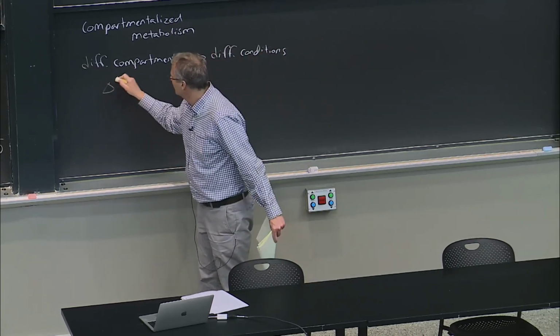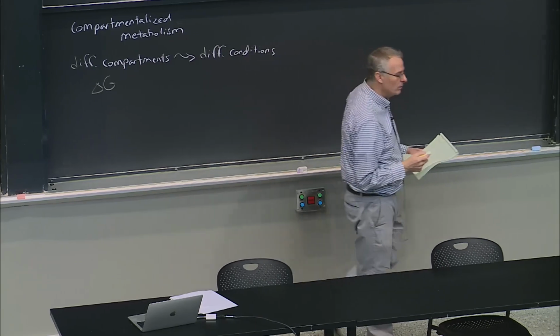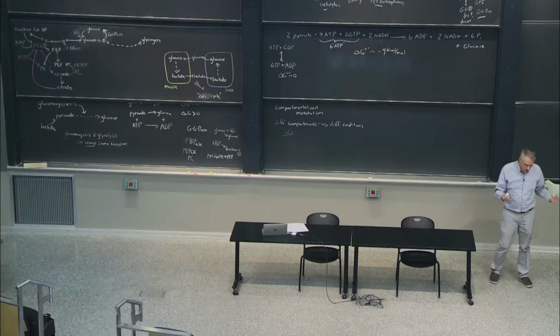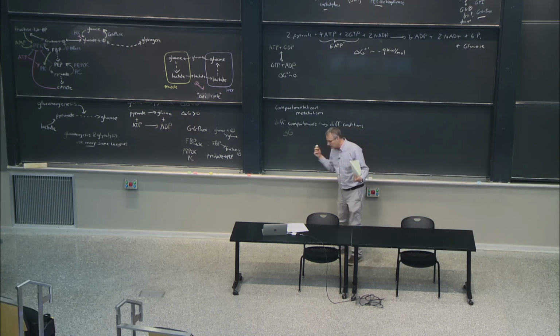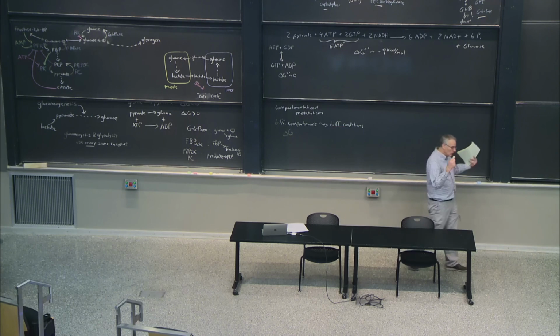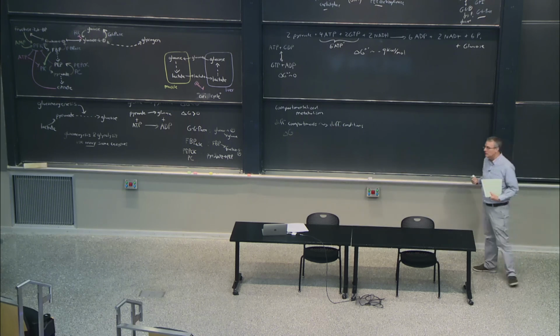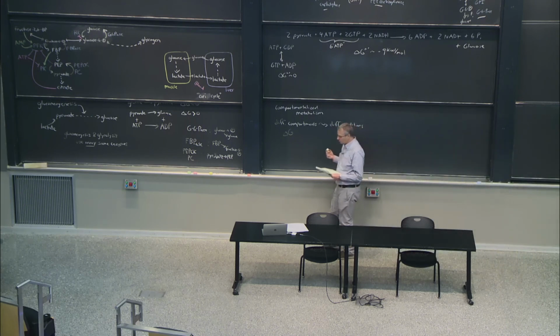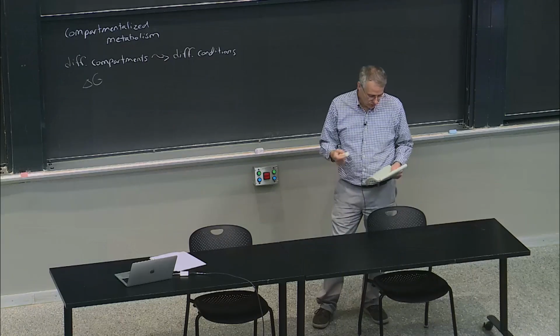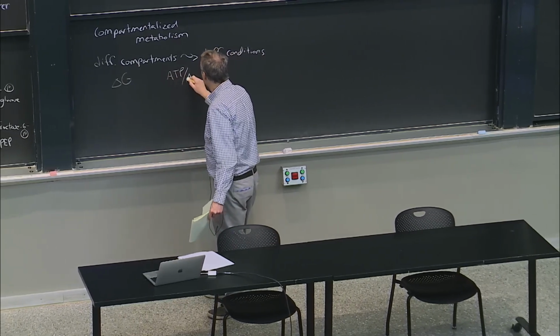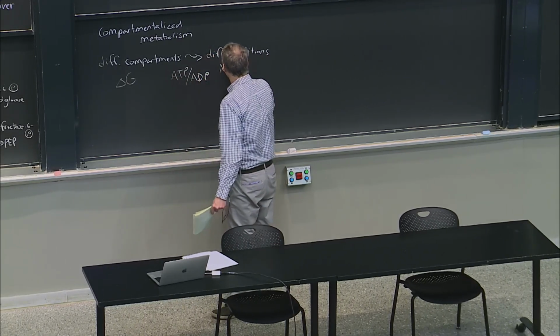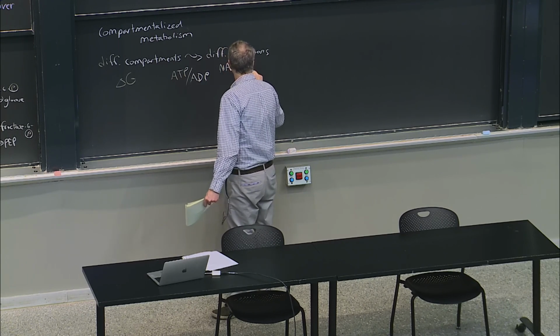Because remember, whether or not reactions are favorable depends on delta G, which of course is dependent on the equilibrium constant, which is related to delta G naught prime, but also to the ratio of the products and reactants within that compartment. And so by having different compartments, you can have different ratios of metabolites, say a different ratio of ATP to ADP, or a different ratio of NADH to NAD+.